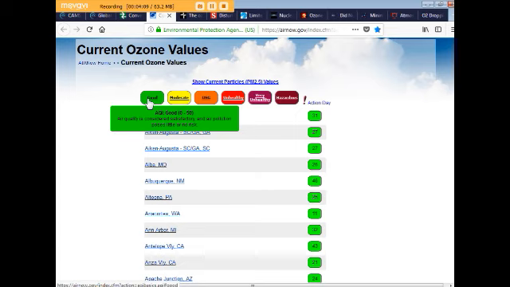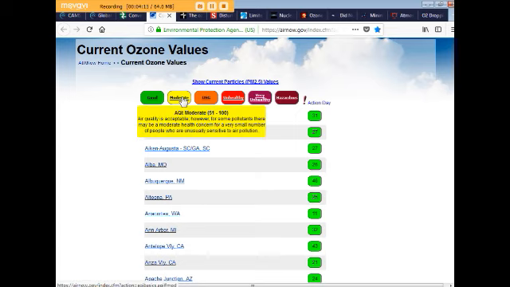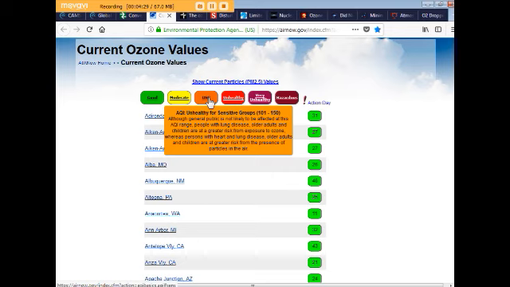They measure good as 0 to 50. This is AQI, Air Quality Index. Moderate is 51 to 100, so even if you're sensitive, that could be bothering you if it's in the moderate range. Unhealthy for sensitive groups is 101 to 150, that's orange.